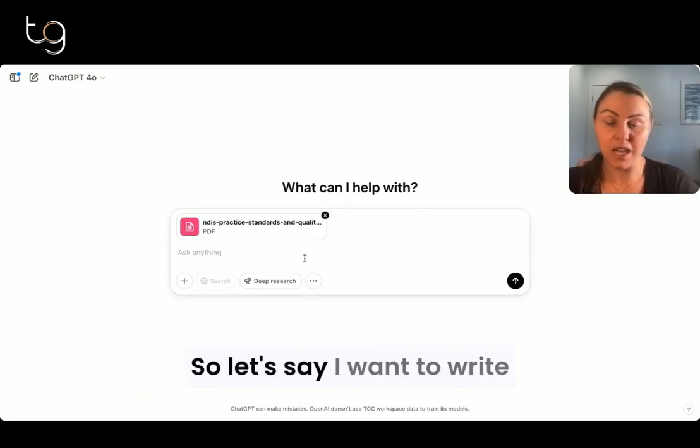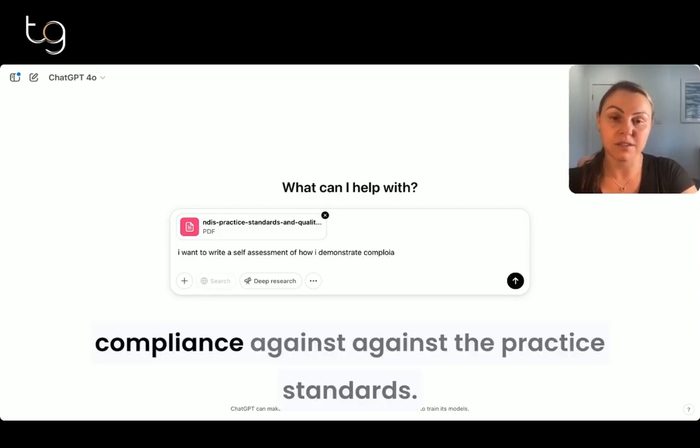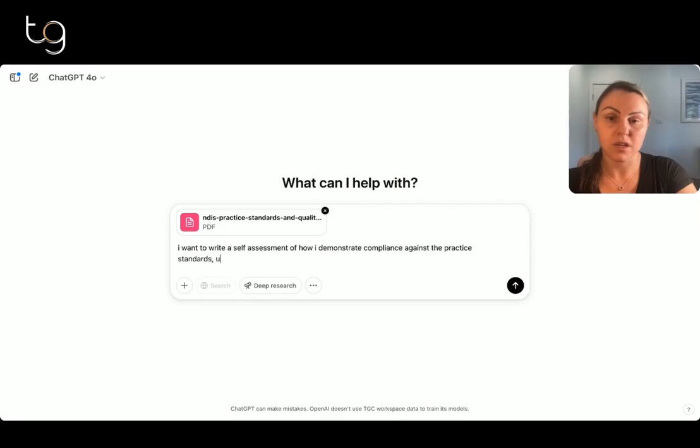So let's say I want to write a self-assessment of how I demonstrate compliance against the practice standards.